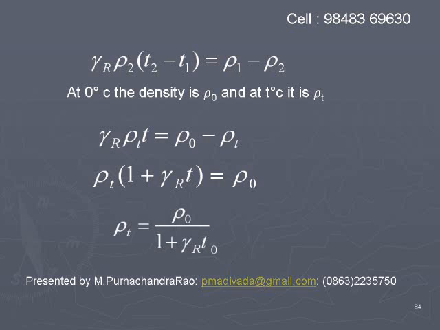Therefore, rho T is equal to rho 0 divided by 1 plus gamma r T.